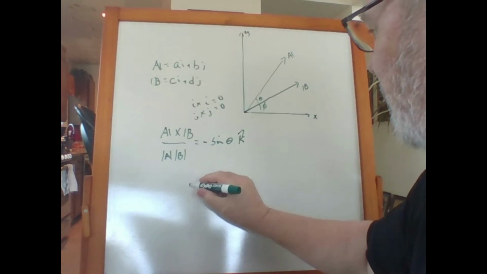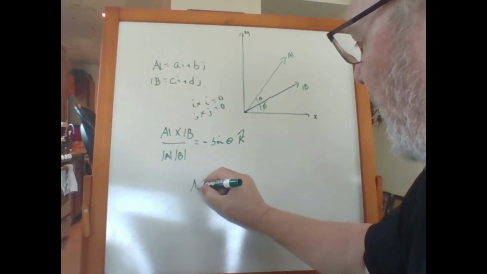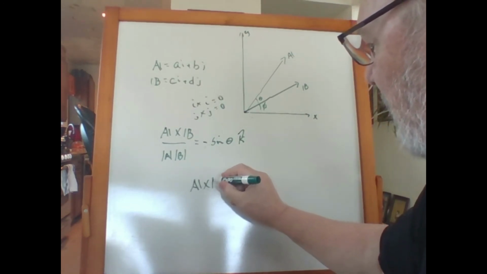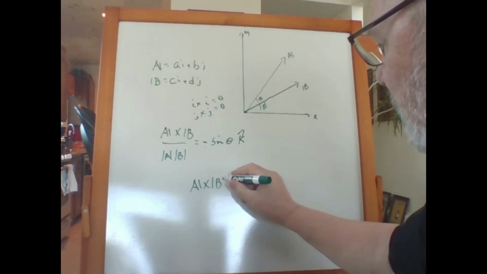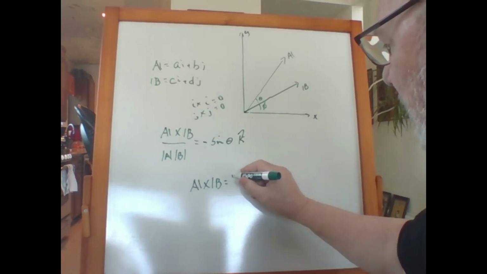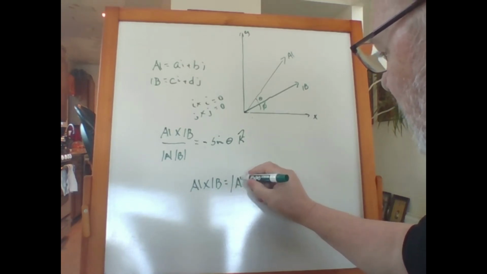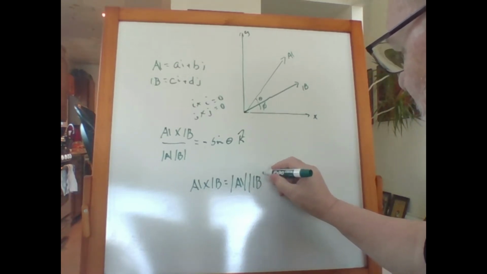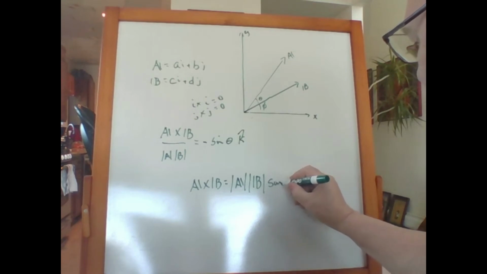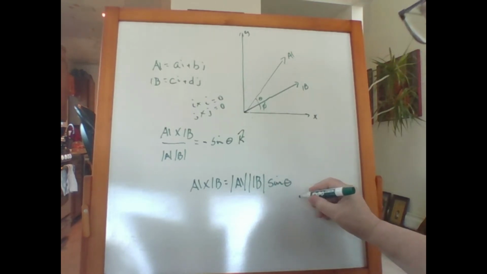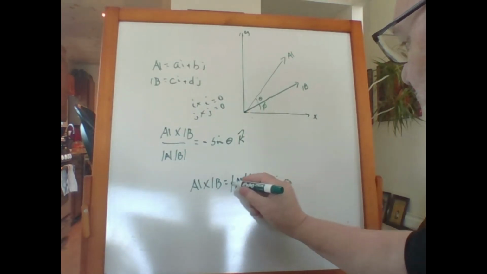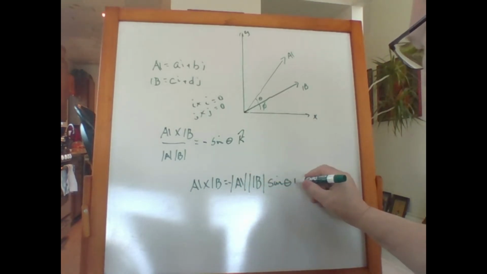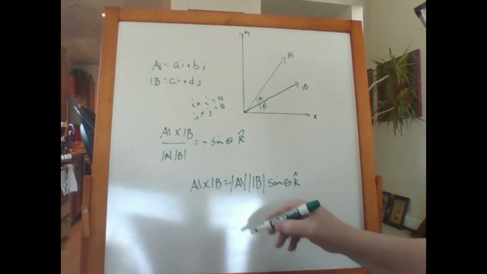So we have our identity here, A cross B equals the magnitude of A times the magnitude of B times the sine theta, negative and the k direction.